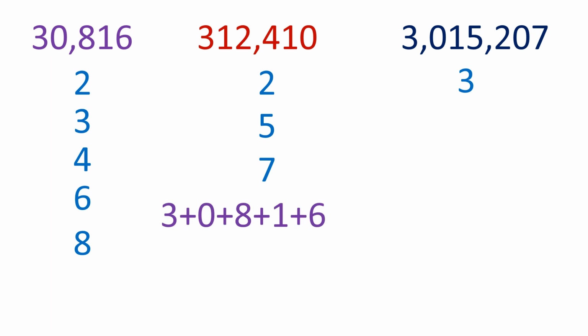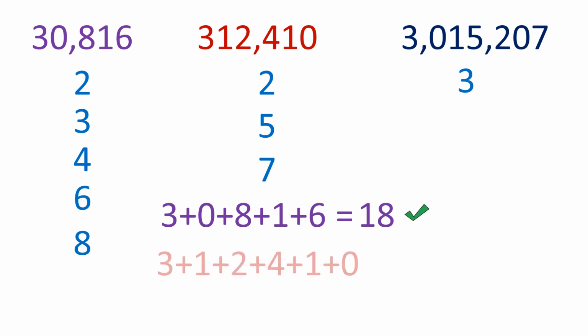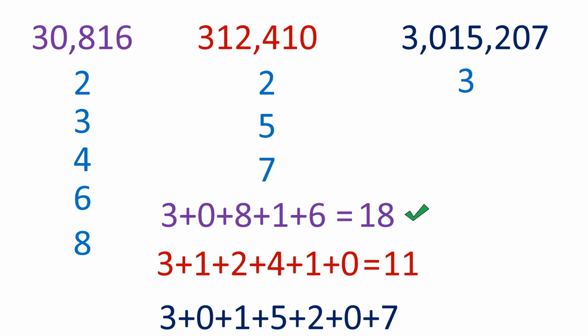The sum of the digits is 18, and 18 is divisible by 9. While for the second number, the sum of its digits is 11, and 11 is not divisible by 9. And for the third number, the sum of its digits is 18, which is the same as the first one, which is divisible by 9.